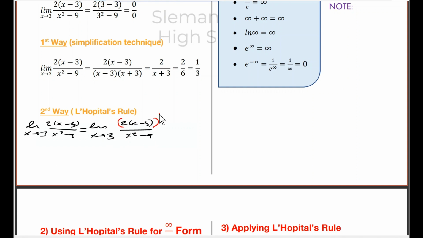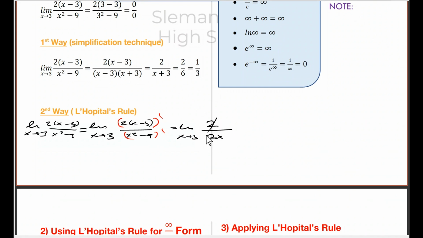We take the derivative of top separately, the derivative of bottom separately. So what is the result? The derivative of 2x minus 3 is just 2. The derivative of x squared minus 9 is 2x.